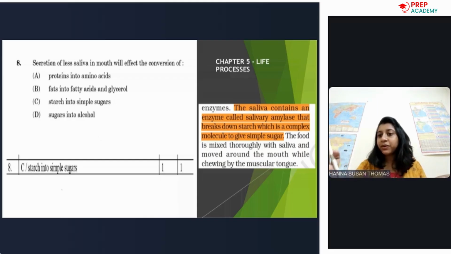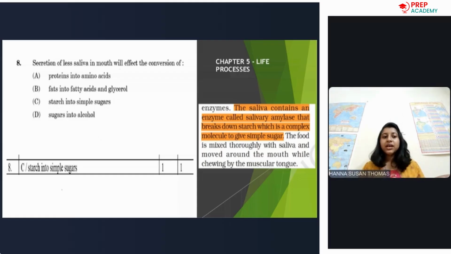That's basically MCQs. The second type of 1 mark question is assertion and reason based. I'll explain how you can tackle those. First, let's go through the MCQs given in set 1.